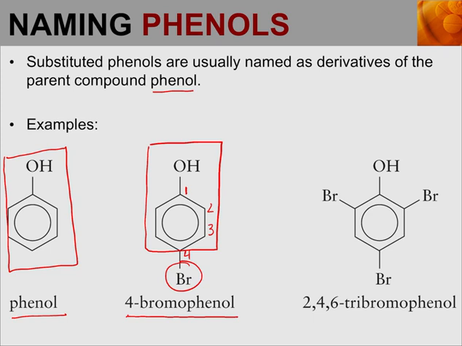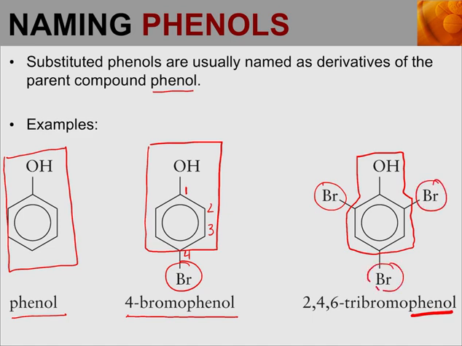And then in our last example, again, we have our phenol parent compound, and then we have 3 bromines attached. Now, we want to make sure the OH group is at position 1 because it's just understood that in the molecule phenol, OH is at position 1.